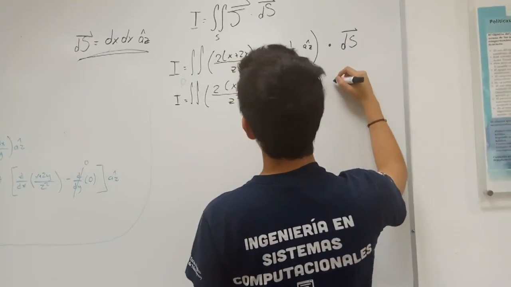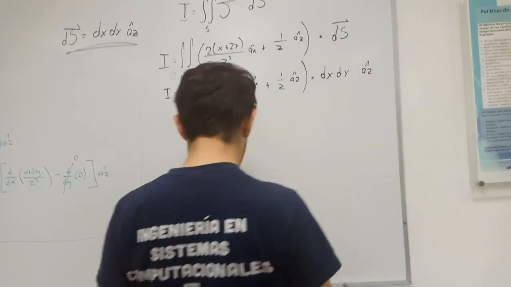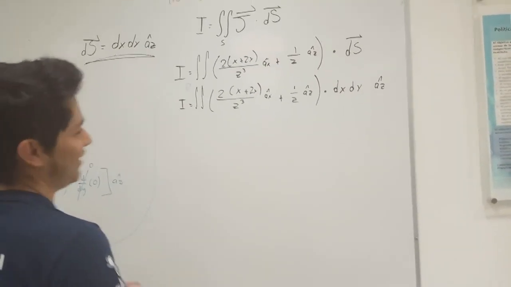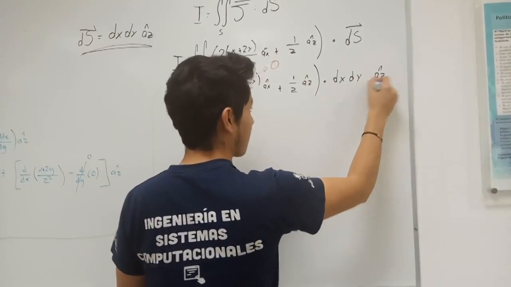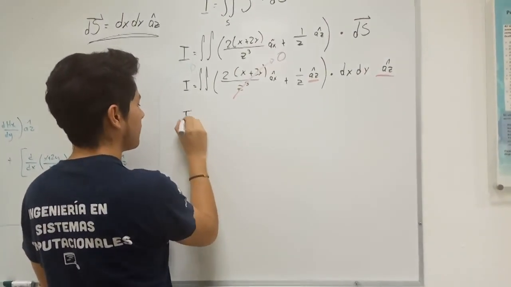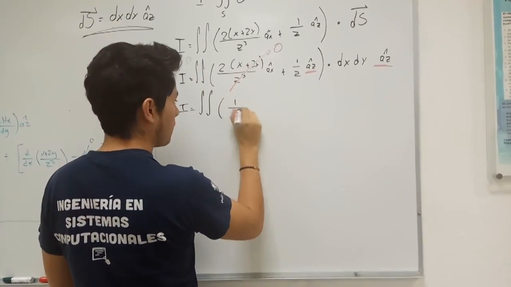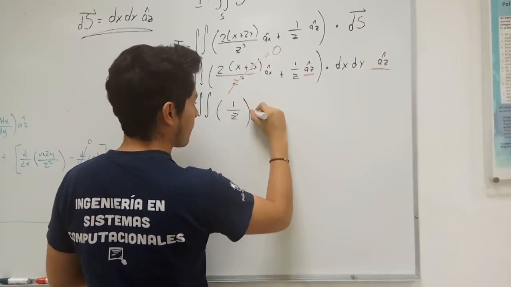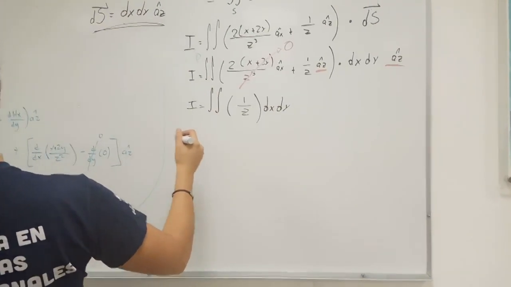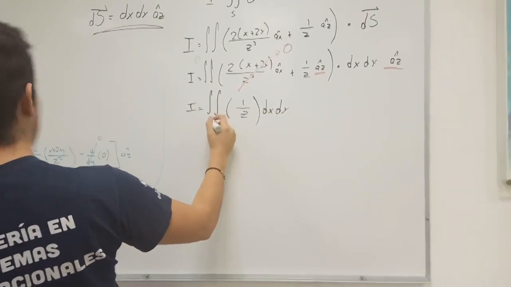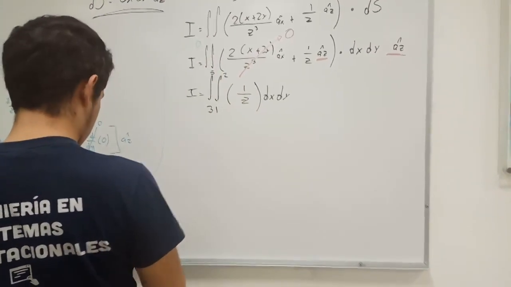As you see here, we only need to use 1 over z, because it's the only component in the az direction; the other values are 0. Now it's time to reduce the terms of the integral and specify the range of each integral, using the values of x and y. If we remember, those values are x in the range of 1 to 2 and y in the range of 3 to 5.